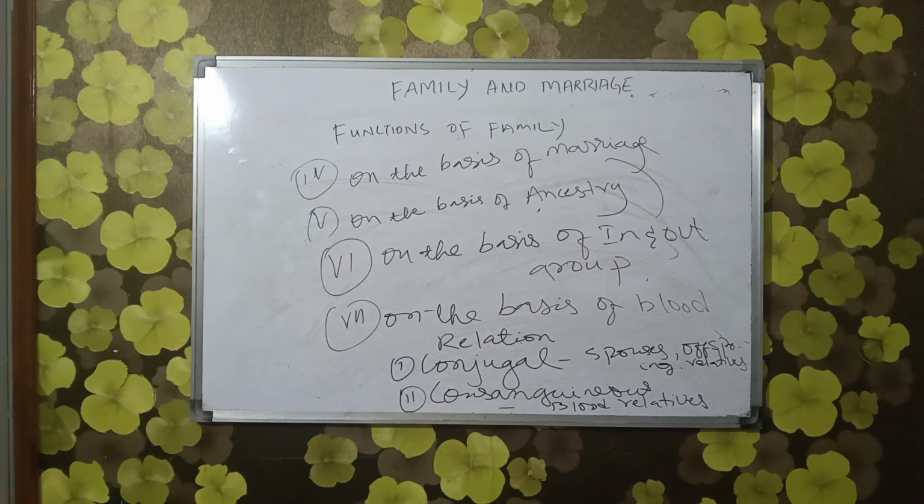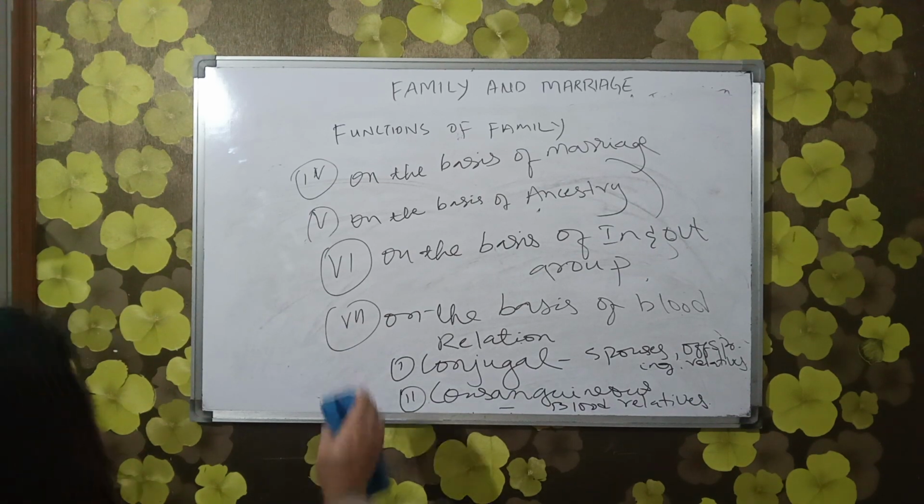On the basis of blood relation, conjugal and consanguineous. Conjugal consists of the spouses, offspring, and relatives through marriage, and consanguineous family consists of blood relatives together with their mates and children. So this is about the family.